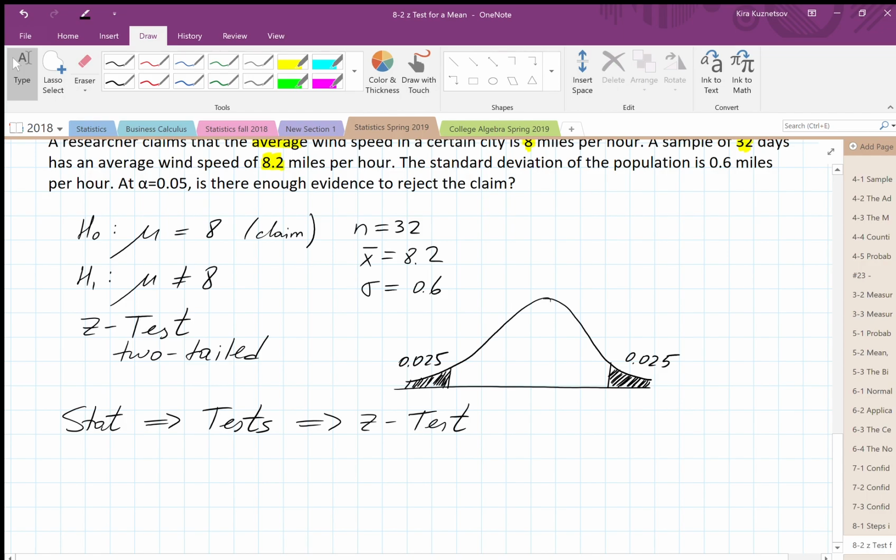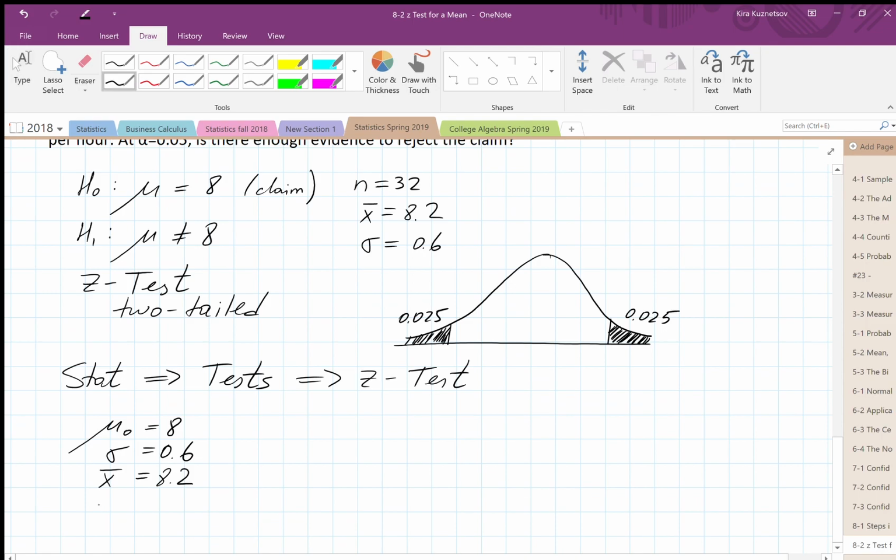We're going to type in the mu that is used in your null hypothesis, which is an 8. Then it's going to ask you for the standard deviation of a population, which is 0.6. Then it's going to ask you for the sample mean, which is 8.2, and the number of people used to find the sample.